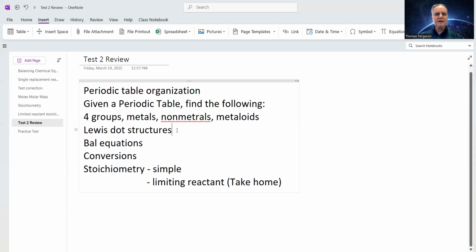Okay, and then on Lewis dot structures, I'm going to give you 2 formulas. One should be simple, and the other is going to require you to do 2 alternate structures for it.